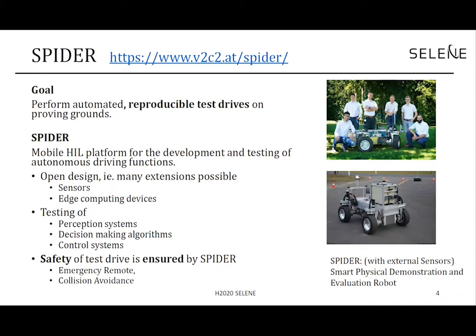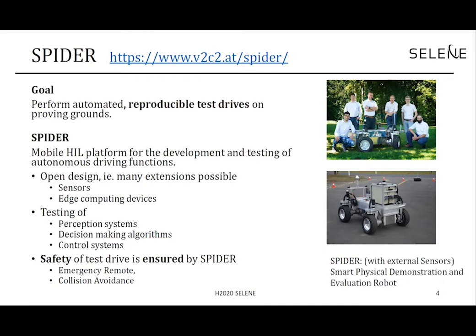First things first, of course, I need to introduce the Spider. Spider means smart physical development and evaluation robot. The goal of the Spider is to perform automated reproducible test drives on proving grounds. In a nutshell, the Spider is a mobile hardware-in-the-loop platform for the development and testing of autonomous driving functions.